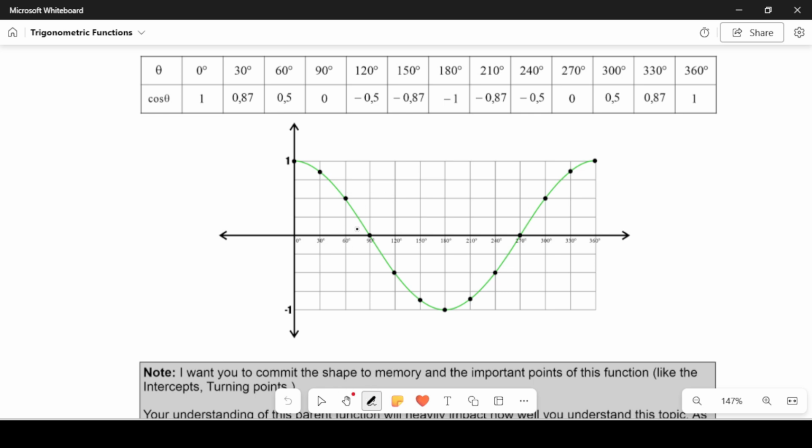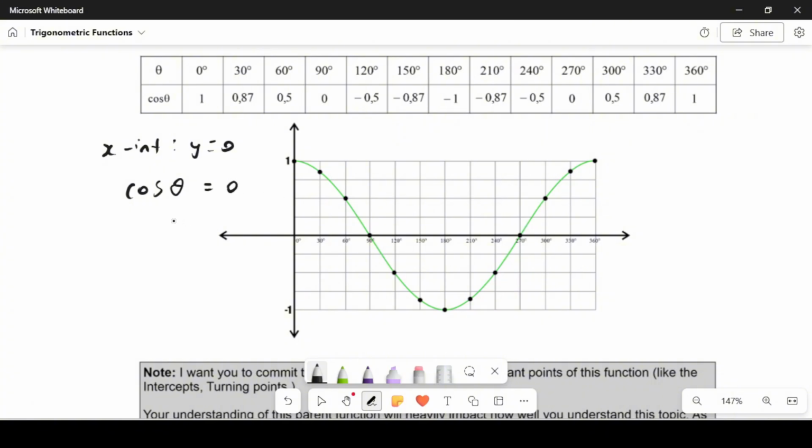And so if I want to find the x-intercepts, exactly as I did with the sine function, the x-intercept is where y is equal to 0. Then I say cos of theta is equal to 0. Then theta is equal to the inverse of cos of 0, which is equal to 90 degrees. And so what happens here is the calculator is only giving us one of the two answers that we're supposed to know.